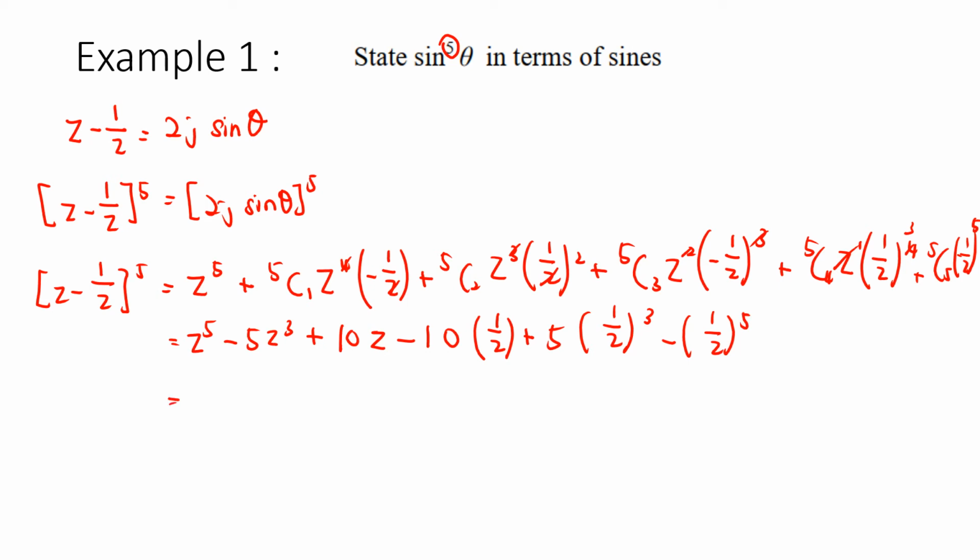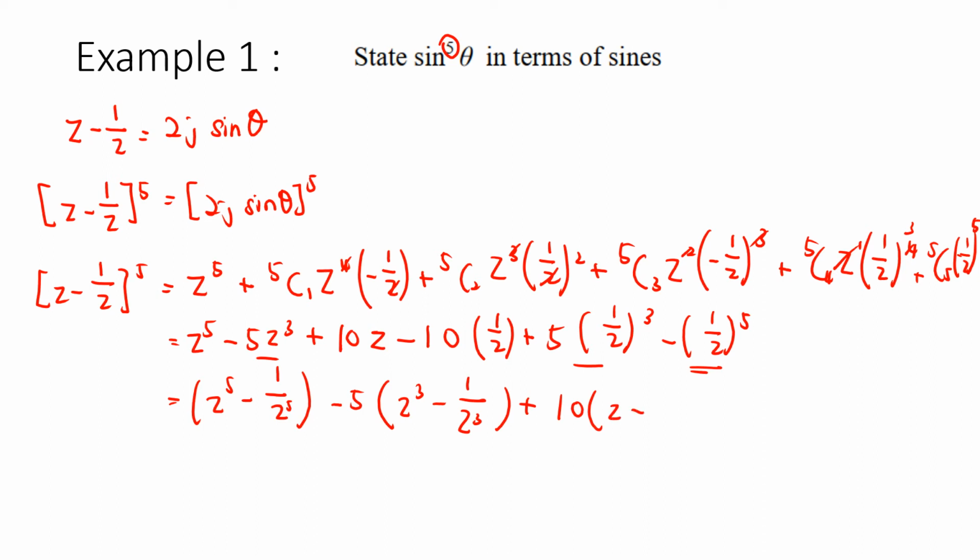Now z power of 5 minus 1 over z power of 5, minus 5 times z power of 3 minus 1 over z power of 3, plus 10 times z minus 1 over z.